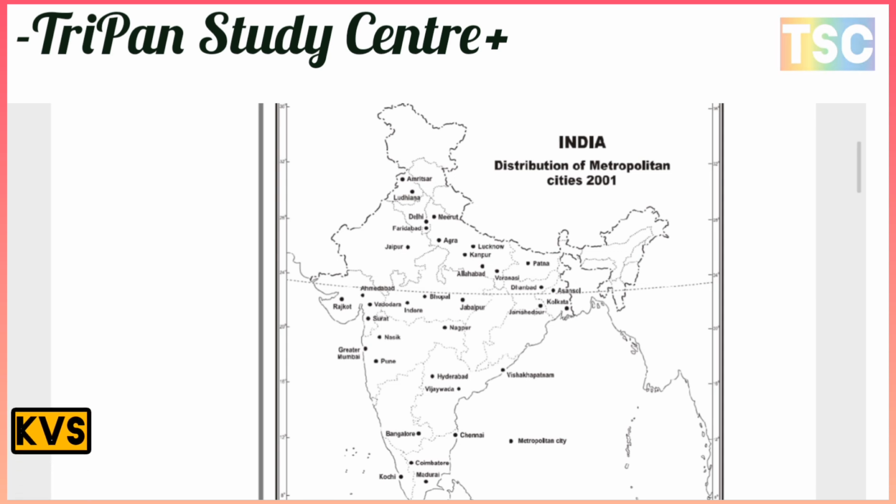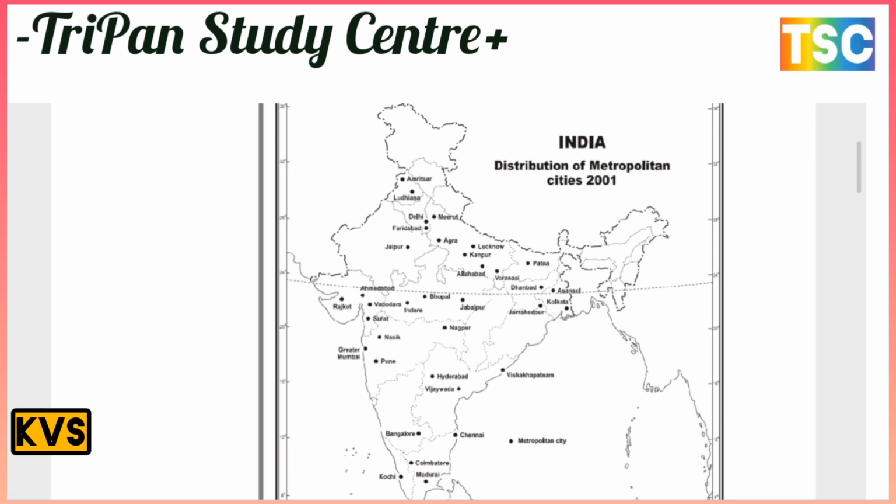India: distribution of metropolitan cities, 2001. Show on your screen: Amritsar, Ludhiana, Delhi, Firozabad, Jaipur, Agra, Lucknow, Kanpur, Allahabad, Varanasi, Patna, Kolkata, Jodhpur, Indore, Vadodara, Ahmedabad, Rajkot, Surat, Nasik, Greater Mumbai, Pune, Bangalore, Kochi, Madurai, Coimbatore, Chennai, Hyderabad and Visakhapatnam also.